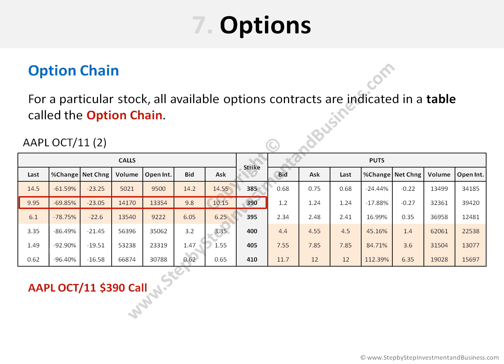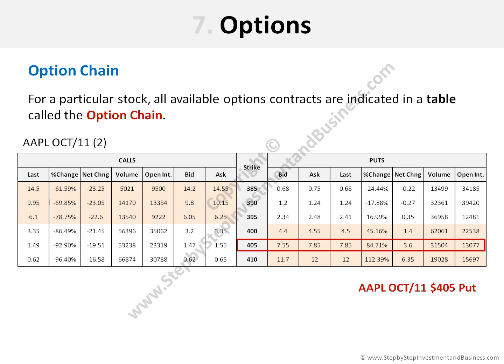The selected contract is the one called Apple October 2011 strike price $390 call. It is an Apple contract because we are seeing the option chain of this company. It is a call because we are on the left side of the table. It expires in October 2011 and the strike price is $390.